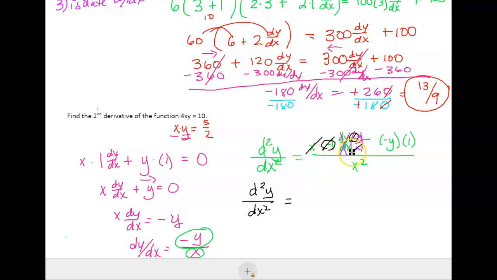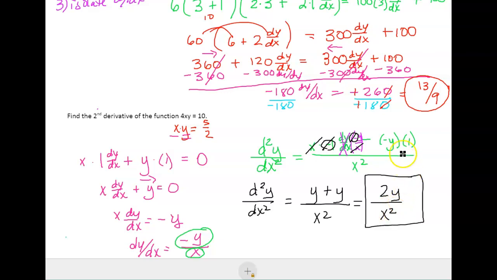X reduces by x, so you might have to get a common denominator. Ours reduces, which is actually really nice. And so all we're left with is y. Two negatives make a positive over this. But that's where the real math might come in, is if you had to get that common denominator. I can simplify this to say 2y over x squared.